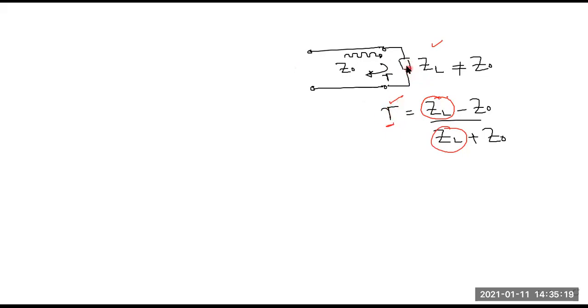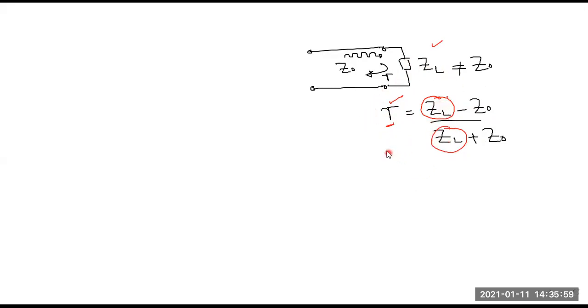So information about the load is either in terms of impedance or in terms of gamma. We can represent our load in both possible representations. If ZL is given to you, you can find its reflection coefficient, and if the reflection coefficient is given to you, you can use this equation to find the corresponding load.